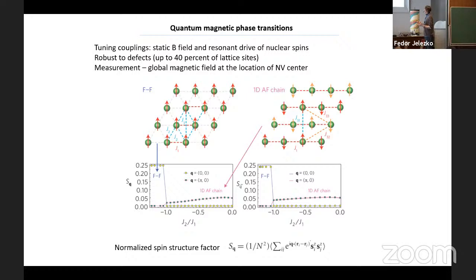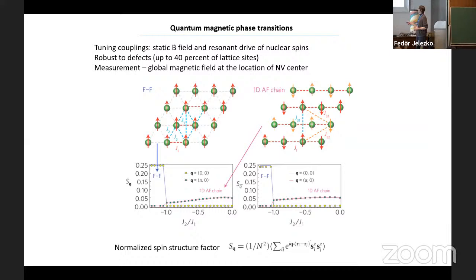We also modeled how the NV center would look and what we would see from this system. If you change the parameters of interaction, the magnetic field created by these layers of nuclear spins on the NV center will change if you undergo a phase transition.